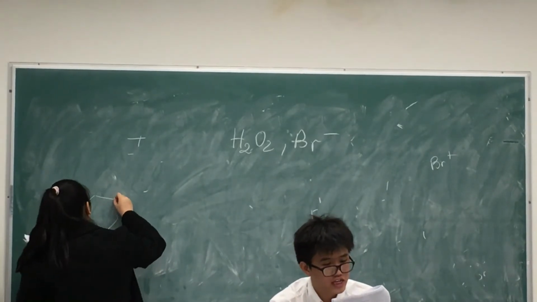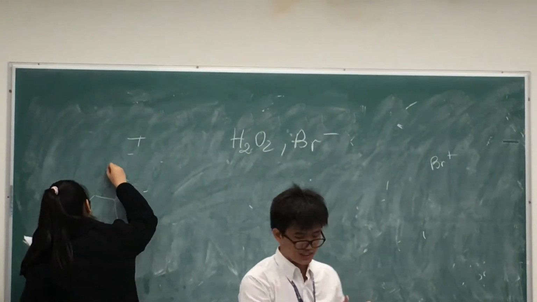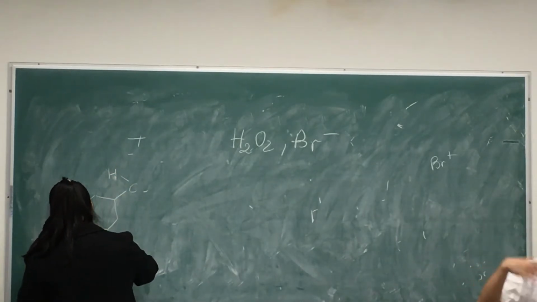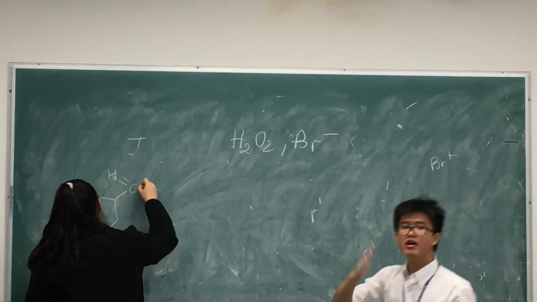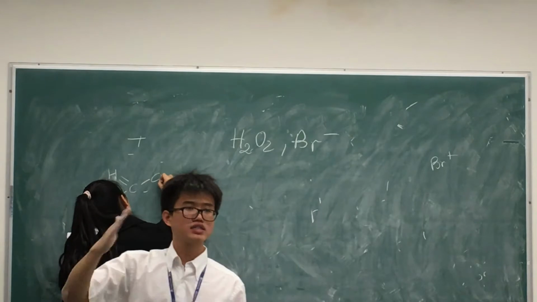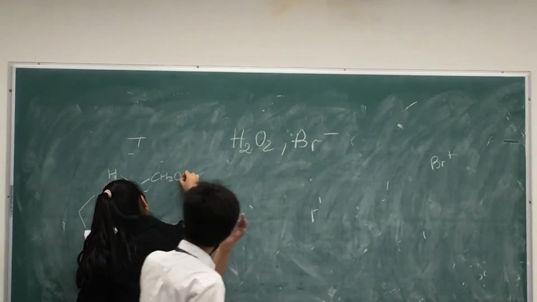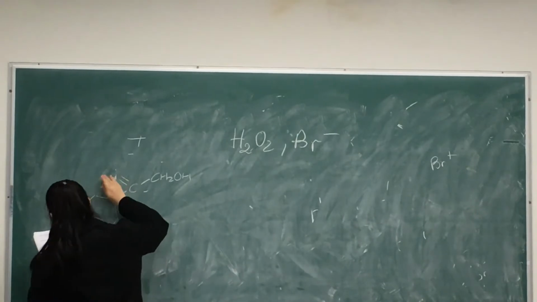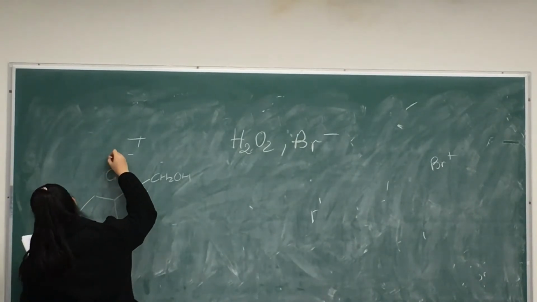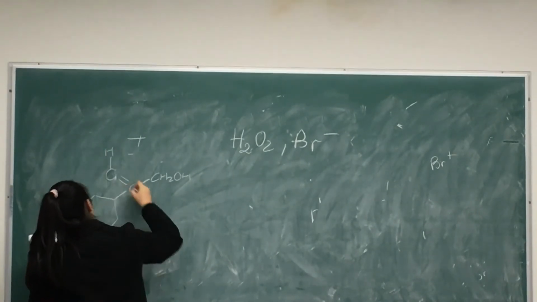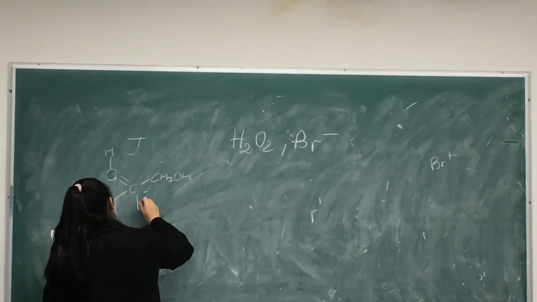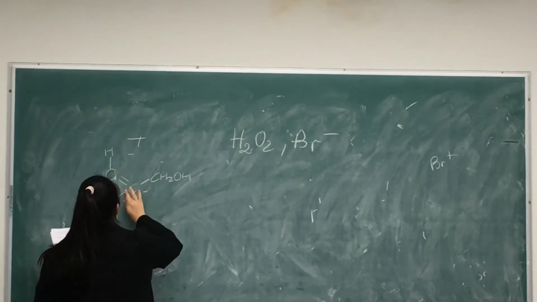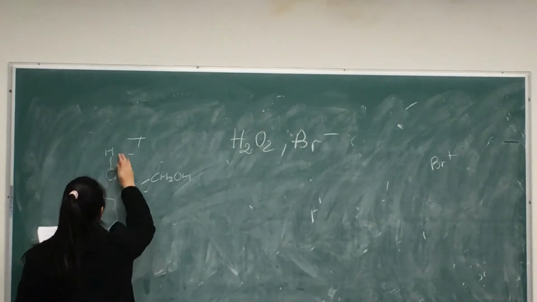And then we will move to the next one, the crazy one. Better? Everyone should now be able to draw the bromonium ions. Better. Okay, good.